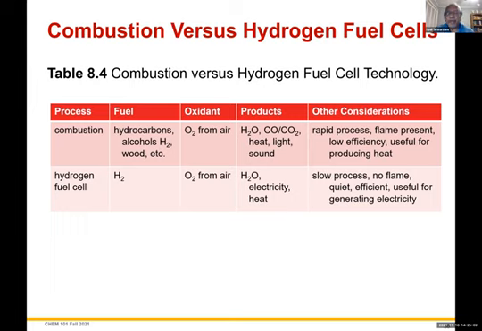It produces water and electricity and heat. So the process has no flame, is quiet, efficient, and useful for generating electricity. It's only a slow process. Therefore, you have to supplement it with a nickel cadmium battery or lithium ion battery to store some energy for sudden acceleration of vehicles.